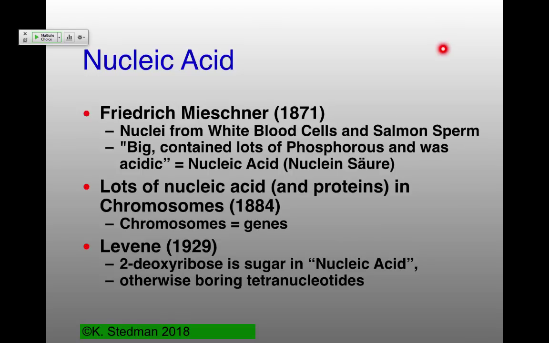People isolated chromosomes and saw that there were lots of different proteins associated with them, and a whole bunch of this big thing that most people thought was a pretty boring scaffolding molecule, just holding all the proteins together, and the proteins were much more likely to be important for genetic information.